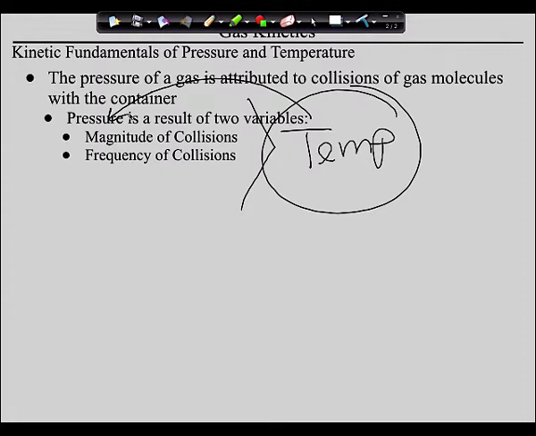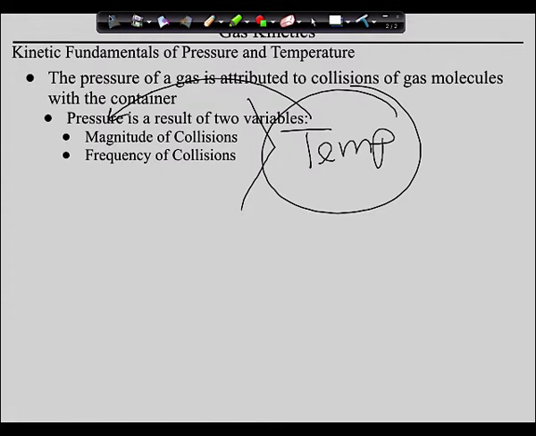So now we can relate Boyle's Law, which is pressure and volume, and Charles' Law, which is temperature and volume, because now we've got a relationship between temperature and pressure.